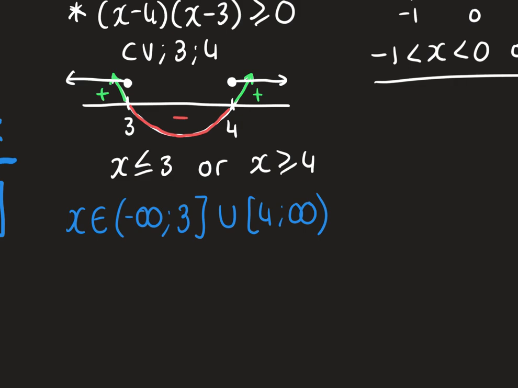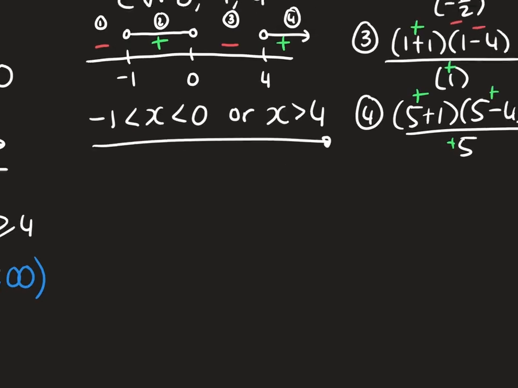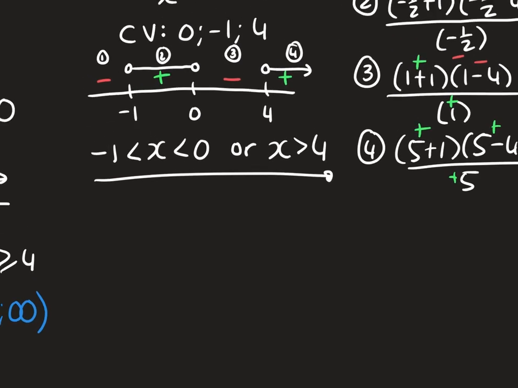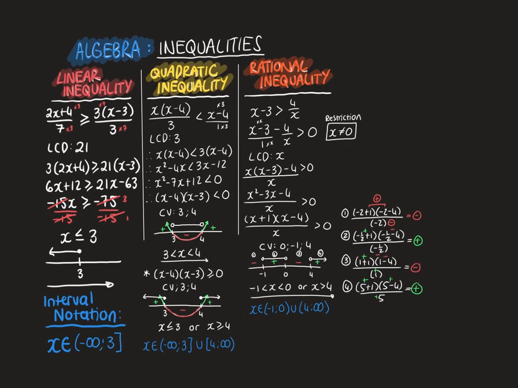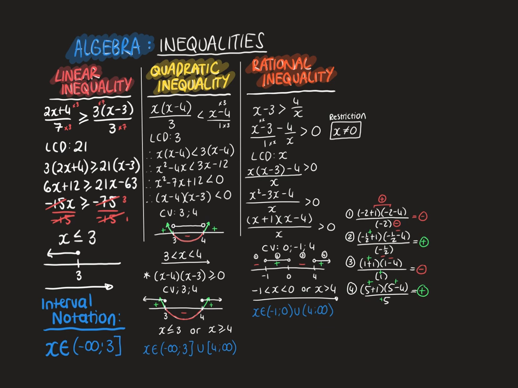Okay, and that's how we represent that one. Then the next one, we're going to state x is an element of minus 1 to 0, soft brackets, union, 4 to positive infinity, soft bracket. Okay, so those are the interval notation versions of your answers if you prefer to do it like that.